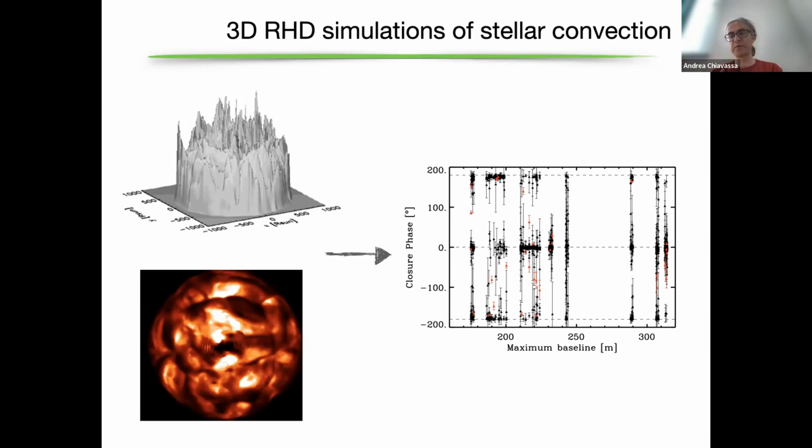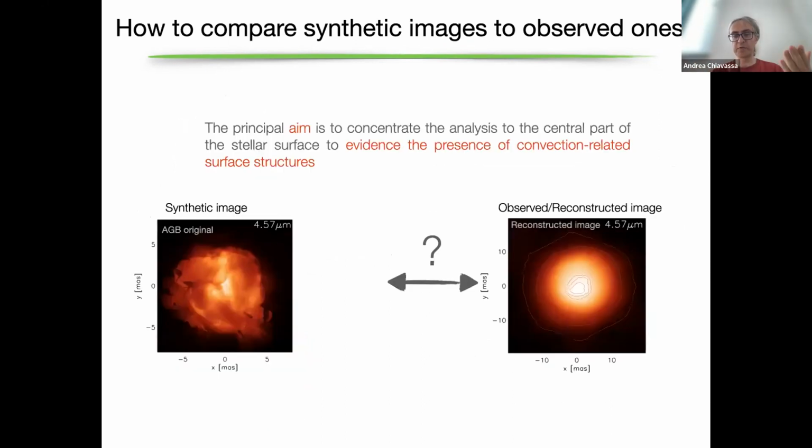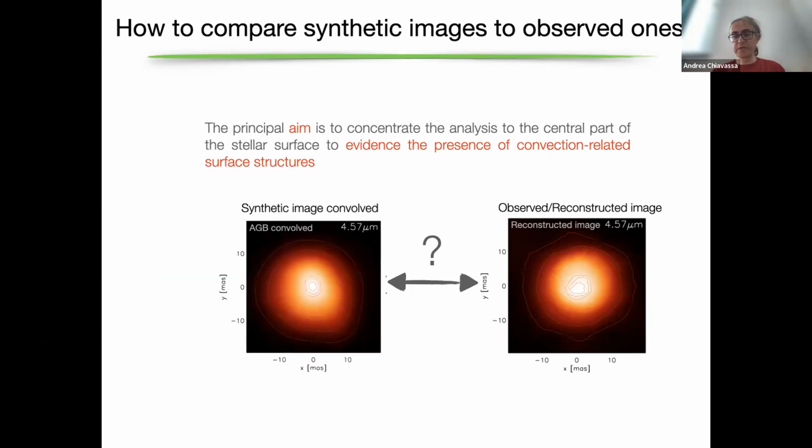And this is an important step for the next one, which is how we actually compare what we see on the right, an observation, the reconstructed images, which I will show in a few seconds, and the synthetic images we produce from the models. First, we want to make a convolution of these images to have something more comparable to observations.